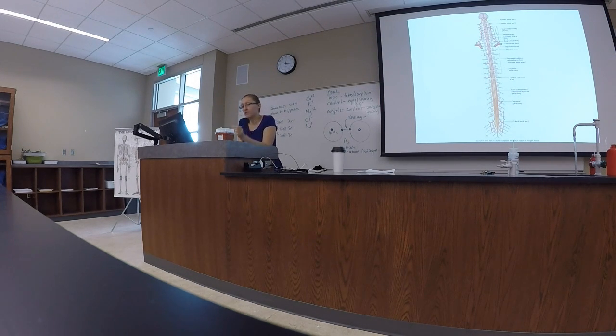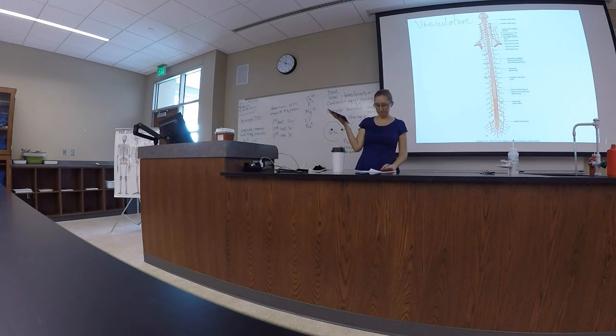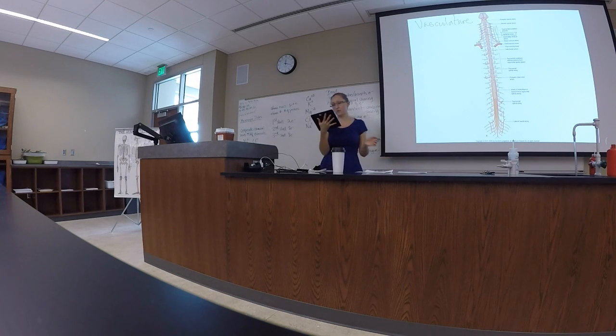The spinal cord has some sort of blood supply. So here's the vasculature. I'll point out several different really important vessels. We have coming off of the vertebral artery here. So remember the vertebral artery is a branch of the segmental spinal arteries.